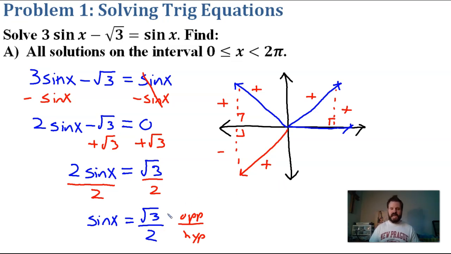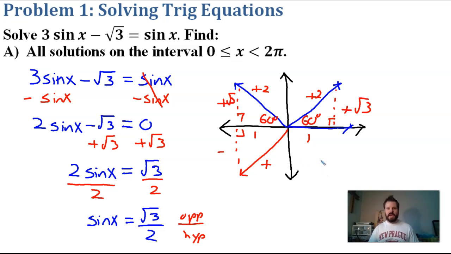Like we said, sine is opposite over hypotenuse. So for these reference triangles, I know my opposite side has to be root 3 and the hypotenuse has to be 2. Root 3, 2, 1. Looks like we're looking at our 30, 60, 90 right triangle. And same thing on this side, opposite root 3, hypotenuse 2. So we have a 60 here for a reference angle as well.